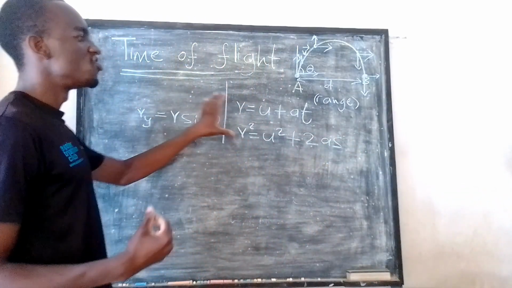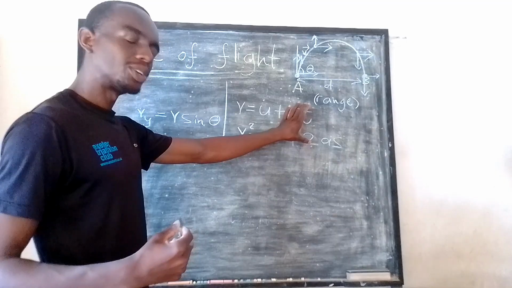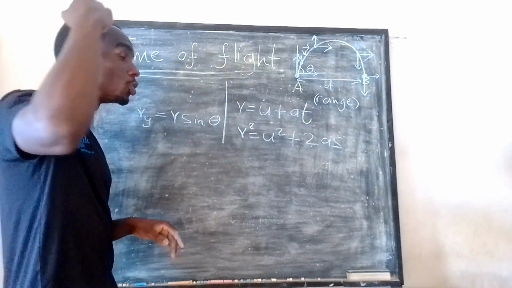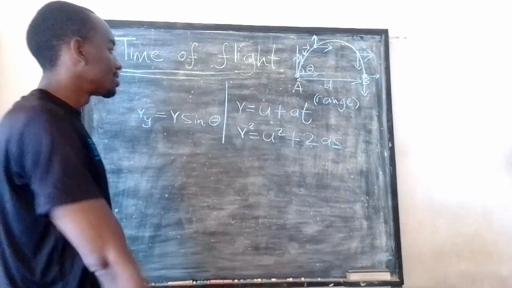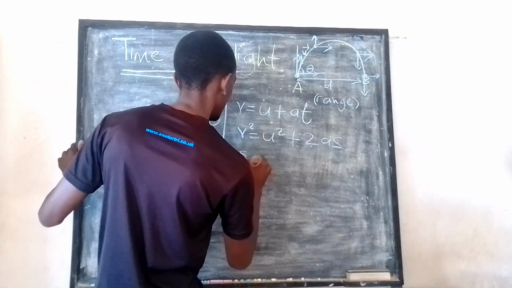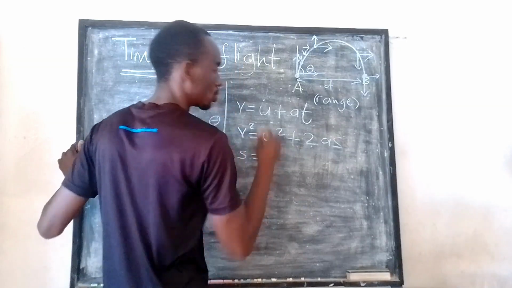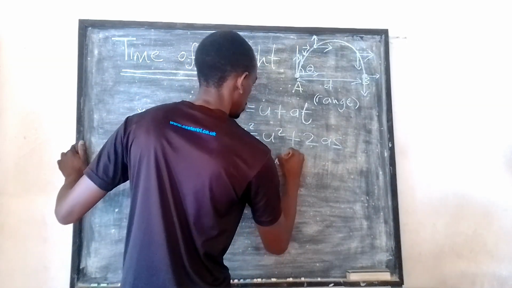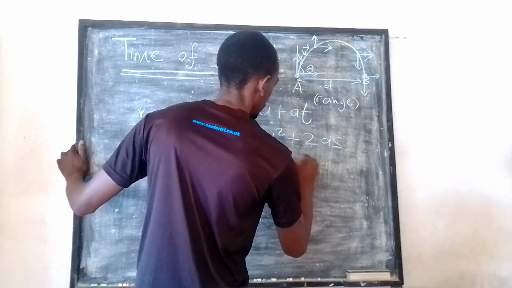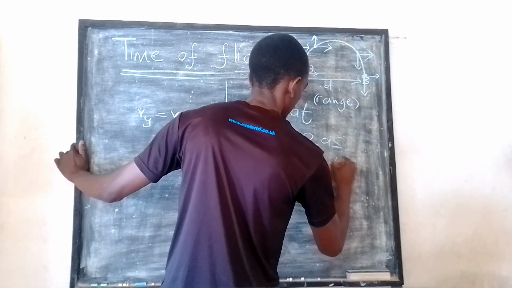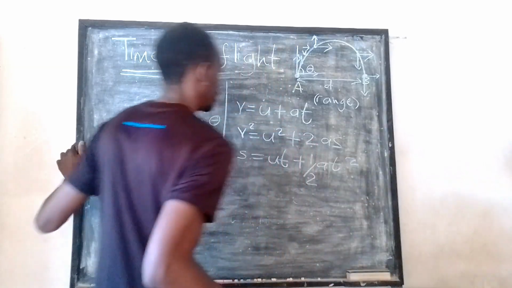And please, I cannot repeat this enough, drill these formulas inside your head. Know them in your sleep. Drill them, please. And our final formula, this is all you need by the way, is s is equal to ut plus half at squared.